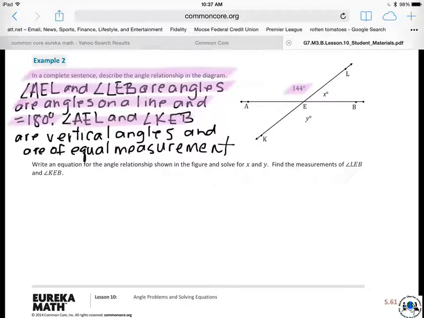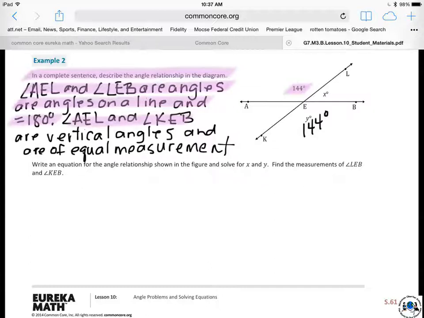We can see that they're vertical, and they are of equal measurement. So we can tell right now that AEL and KEB are vertical and therefore of equal measurement. So we actually know that we have 144 degrees right here as well.